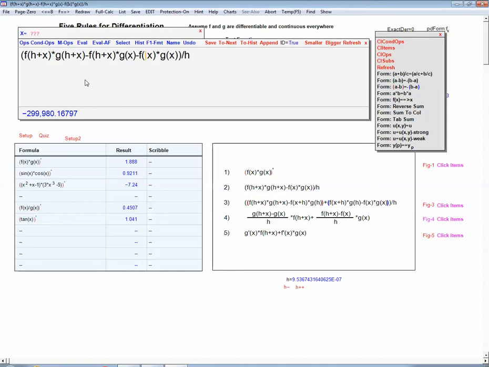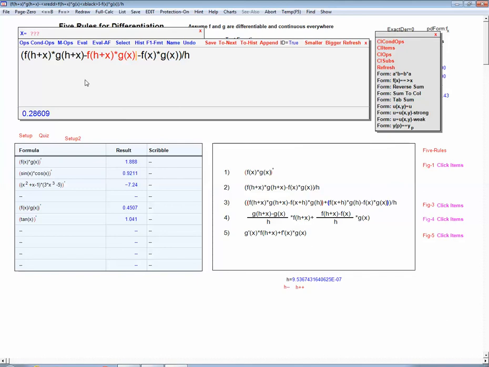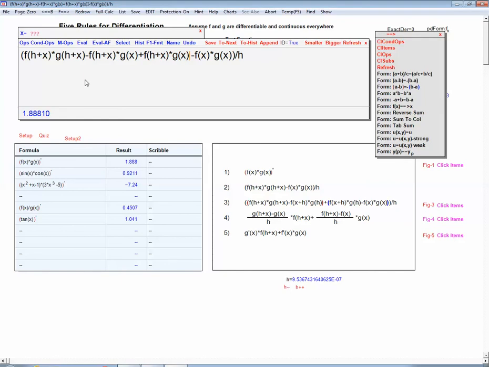I'm getting my g of x from over here. But of course, that changes everything. So I have to copy that and add it back in. And now that should be the same as what I started with.